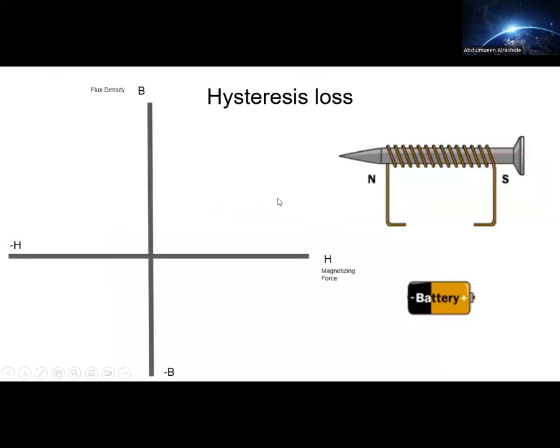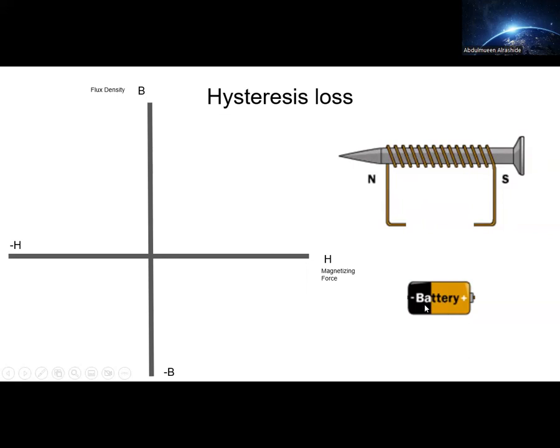Now for the hysteresis losses, I have two coordinates, the y-coordinate representing the flux, which is inside the nail. I have a wire wrapped around the nail, and I have a battery. Now, a battery is DC.